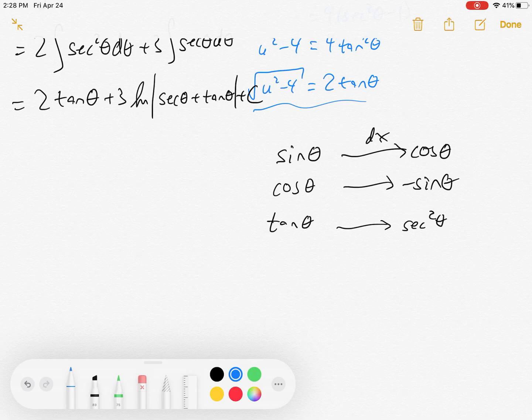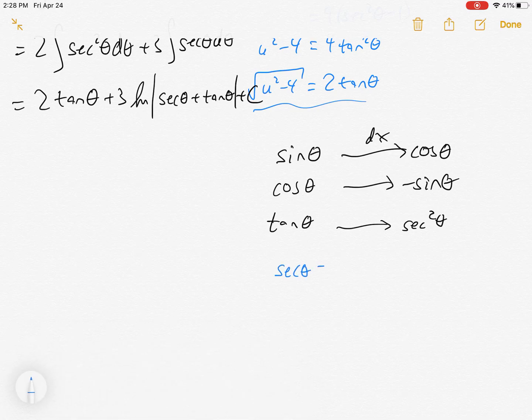So let's write that down. I'm going to get rid of some of this. Okay, so I already forgot what I just said. U is 2 secant theta. So secant theta is u over 2, right? I could plug in u over 2 there, but I need tangent theta in a couple places.